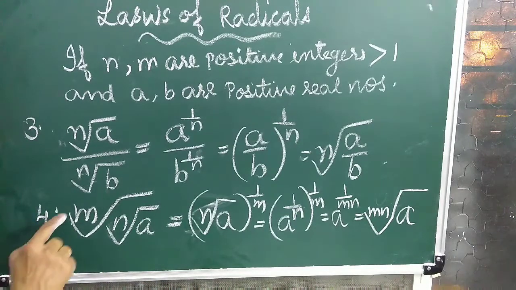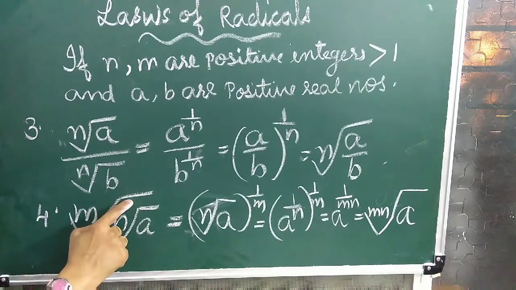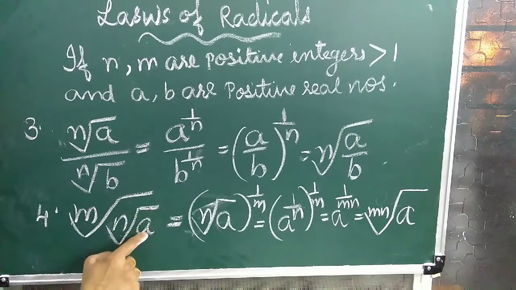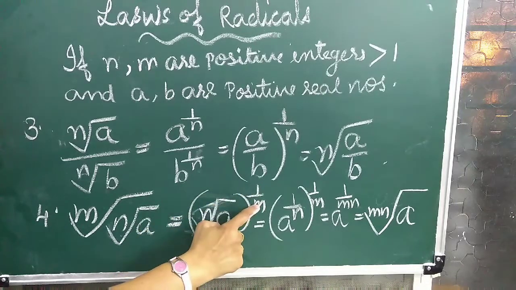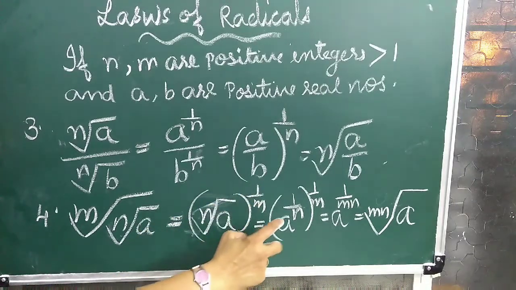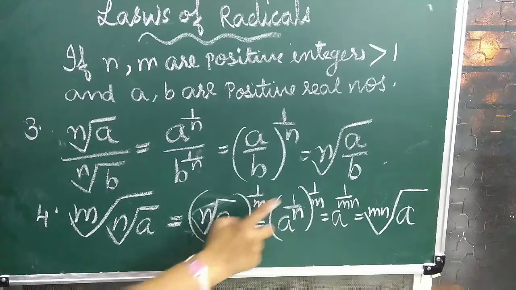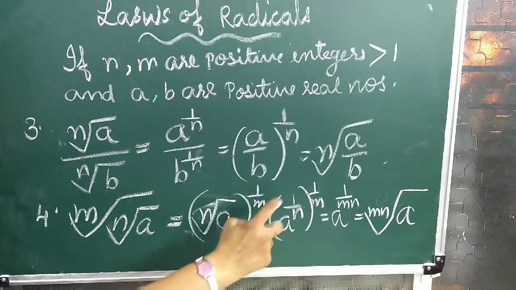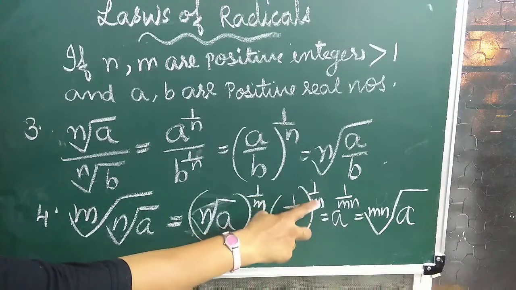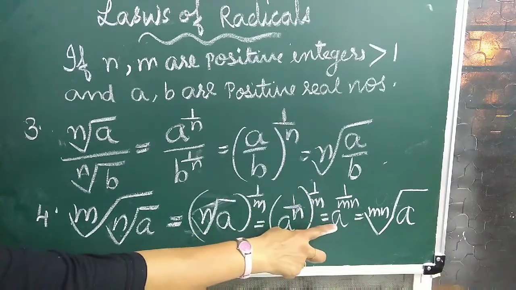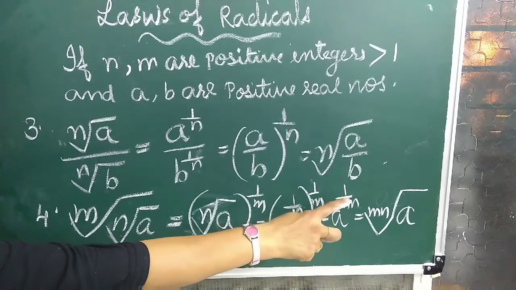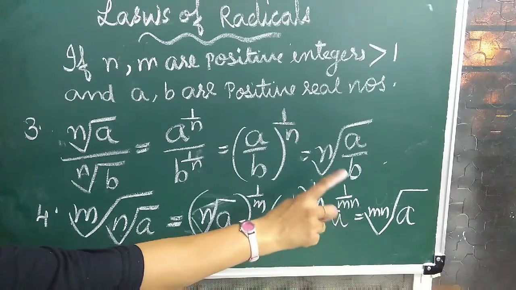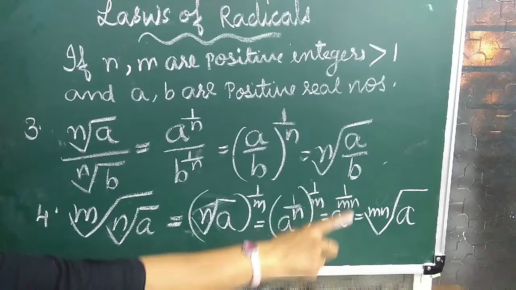Fourth law is mth root nth root a is equal to nth root a whole to the power 1 upon m, that's equal to a to the power 1 upon n whole to the power 1 upon m, that's equal to a to the power 1 upon mn, that's equal to mnth root a.